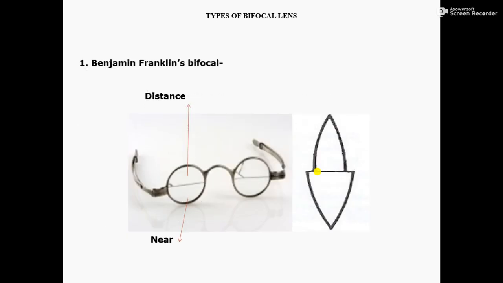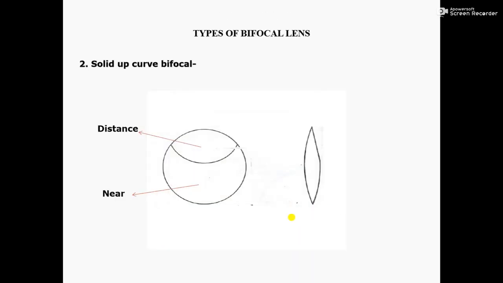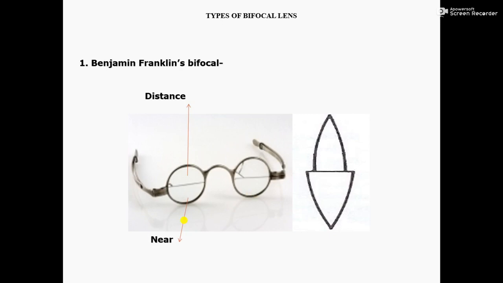Number 1, Benjamin Franklin bifocal. Here the upper portion is for distance and the lower portion is for near vision. This is the first bifocal lens created, invented on 23rd May 1785.